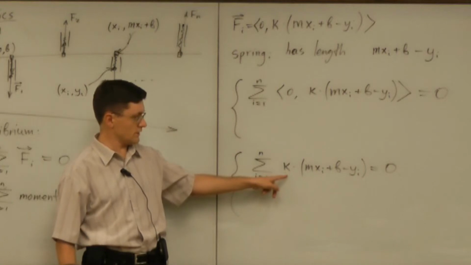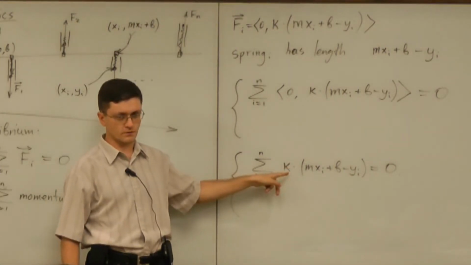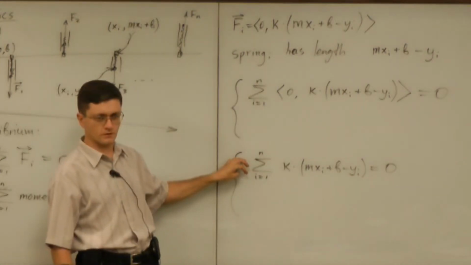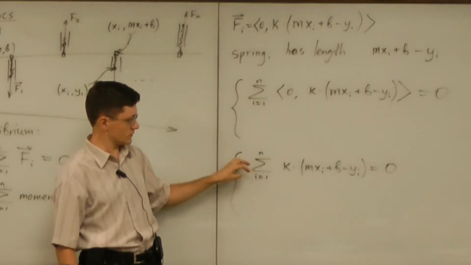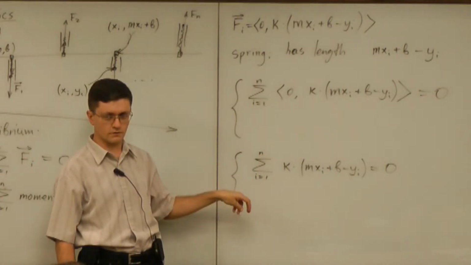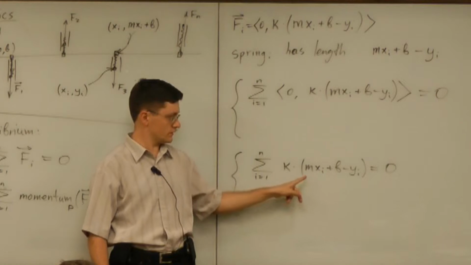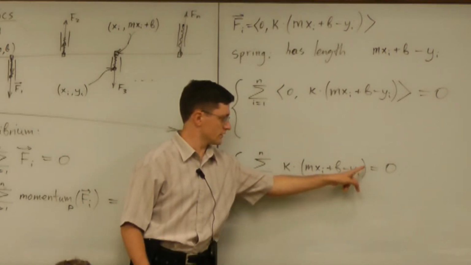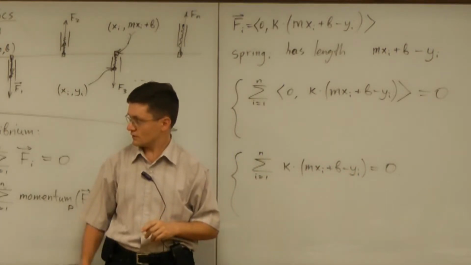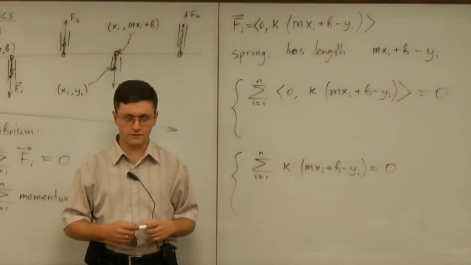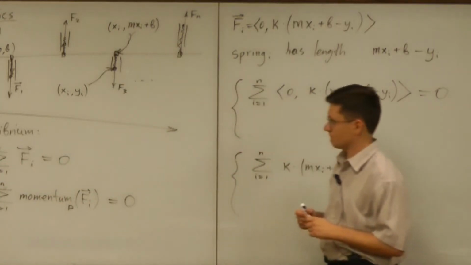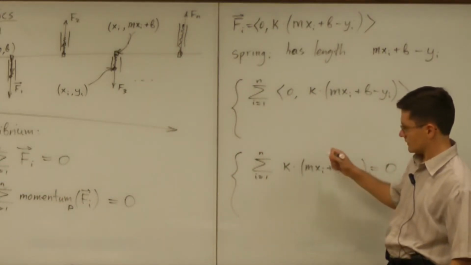Well, because this k is the same for all the summands, you can pull it out of the sum. And since the whole thing is supposed to be 0, you can cancel it. So the whole condition effectively is that the sum of all these quantities is 0. And that is something we had there. Alright, that's a good thing.